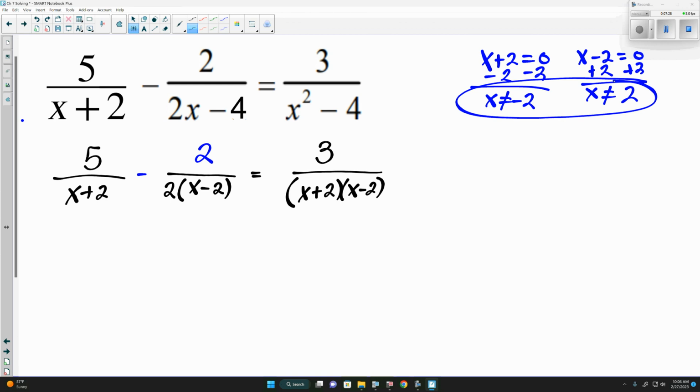Now, just because we have a 2 in the denominator out front doesn't really impact anything because we can't plug a value in for it. It's just a scalar. Now, what are we going to multiply everything by?